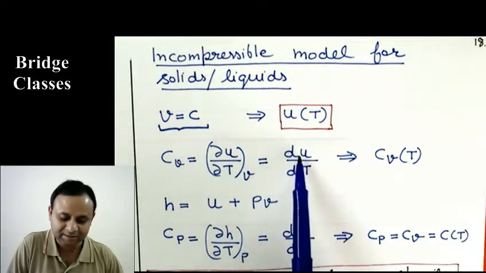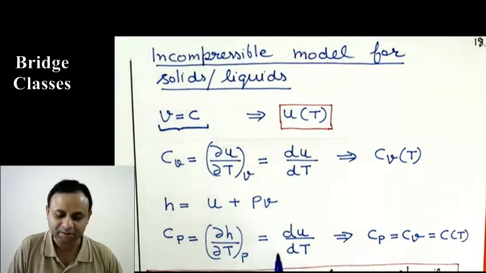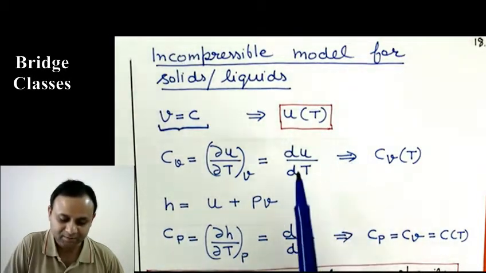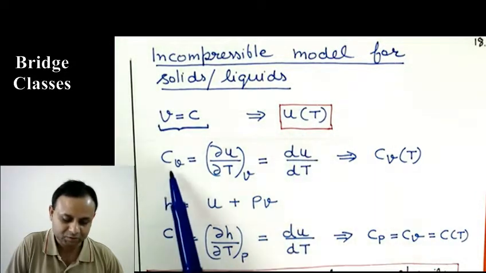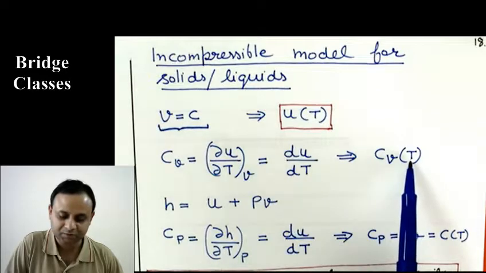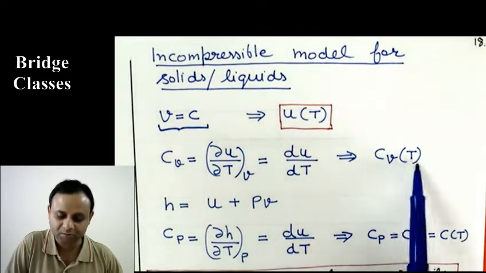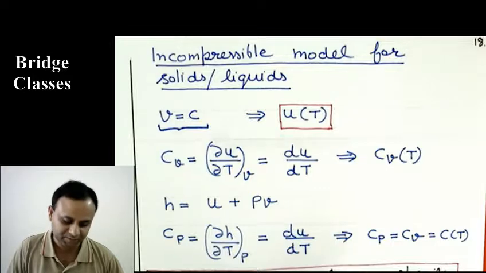So instead of partial derivative, you can write total derivative, du dt. Now this means that because U is a function of temperature only, CV also is a function of temperature only, because CV is du dt. We are talking about incompressible substance here. So that is CV.